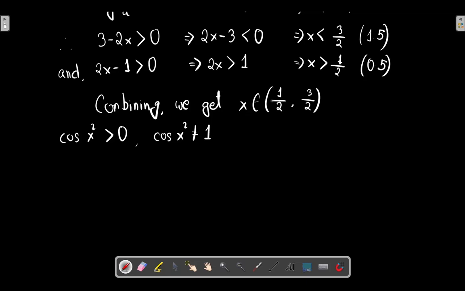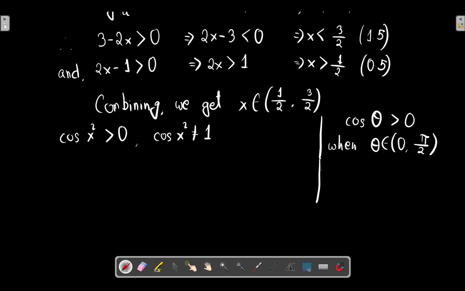Let us consider for a second cos theta. Cos theta is greater than 0 when theta lies in the first quadrant, that is 0 to pi upon 2. Cos theta is positive in that domain.